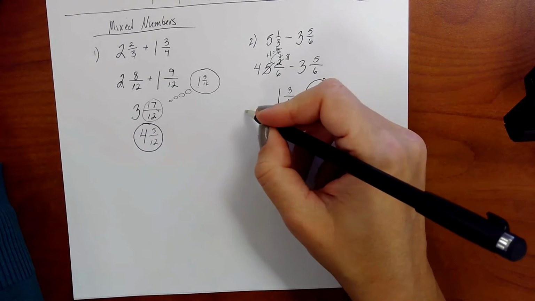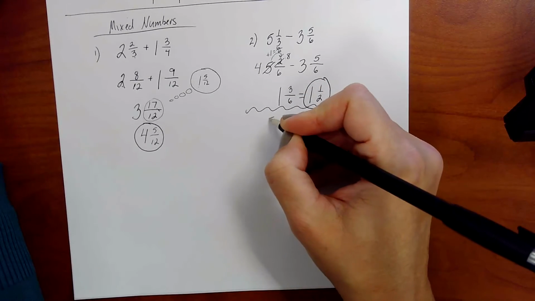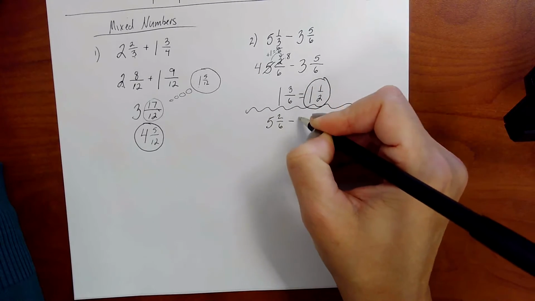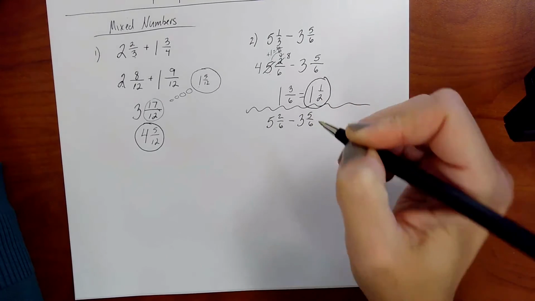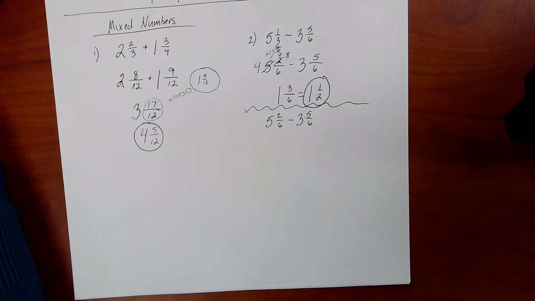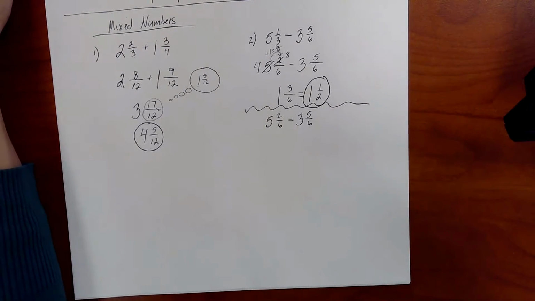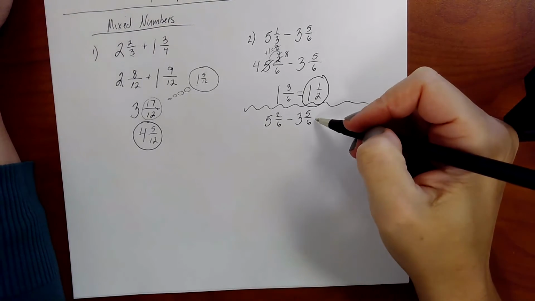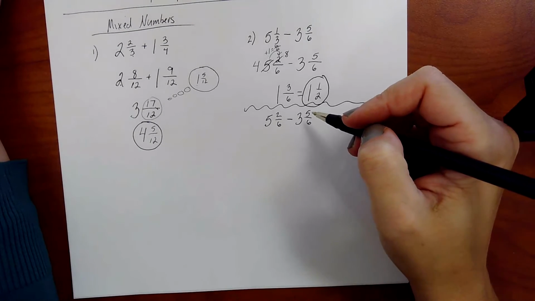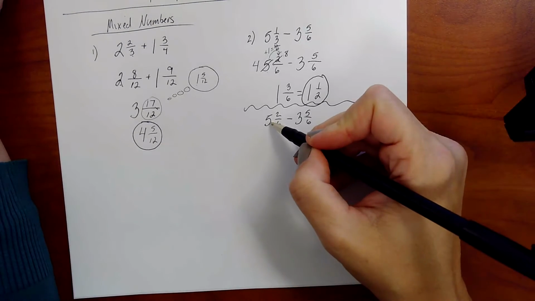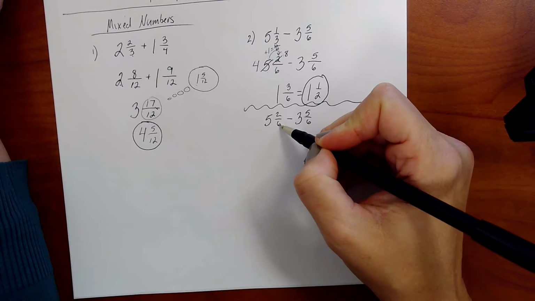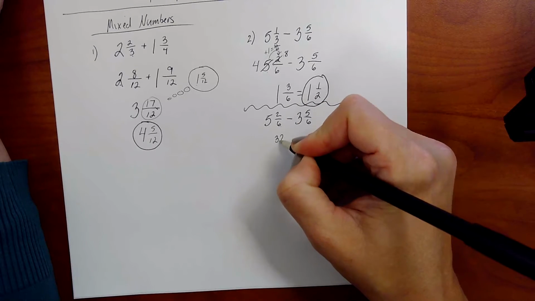Now, if you hated that borrowing, you can avoid it all the time, because you could just make them improper. So let's say you got to that step, 5 and 2/6 minus 3 and 5/6, and you're like, oh no, that's going to be a borrowing one. I hate borrowing. I always get it wrong. You can avoid it by making these improper. So as a review, to make this improper, you would do 5 times 6 is 30. 30 plus 2 is 32.